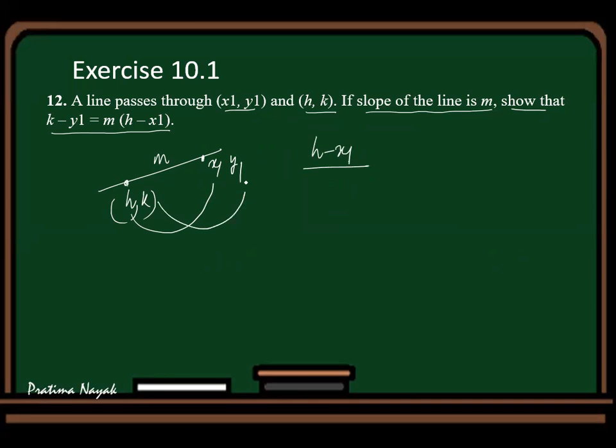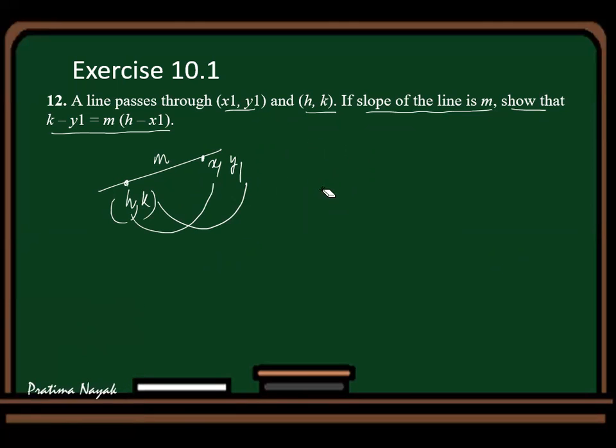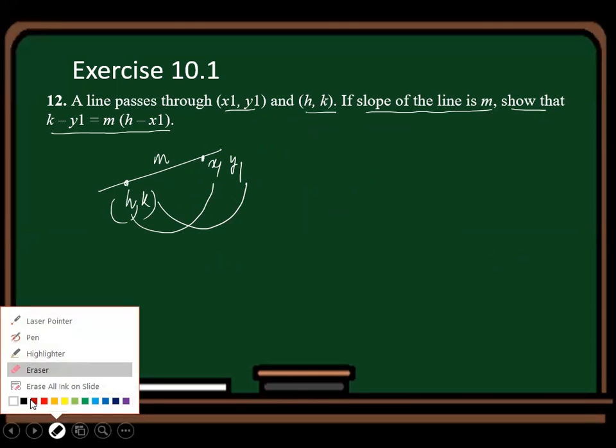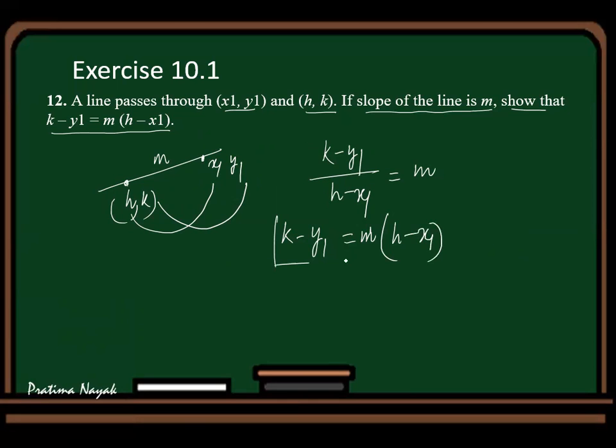I made a mistake here, because I will start from y only. Y will be the numerator. So k minus y1 upon h minus x1, this is your slope m. Or cross multiply, you are getting the answer. k minus y1 is equal to m into h minus x1. So this is the proof.